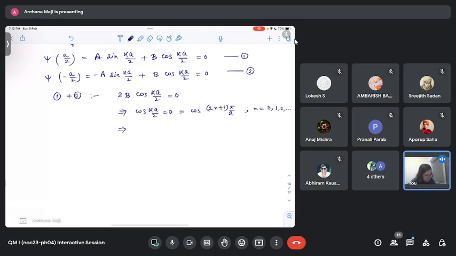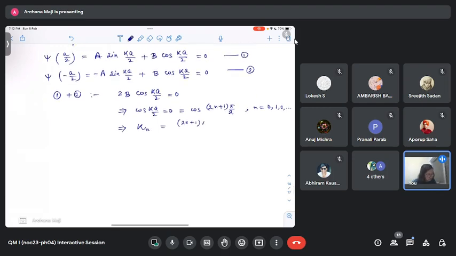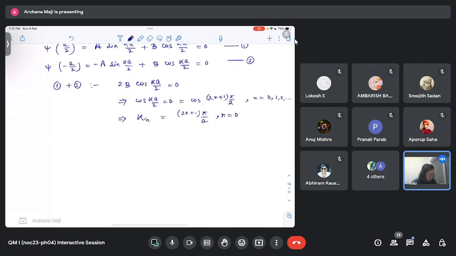So this implies k is equal to, let's put a subscript n because k depends on n, k_n is equal to (2n plus 1) pi over a, where n is 0, 1, 2, and so on.